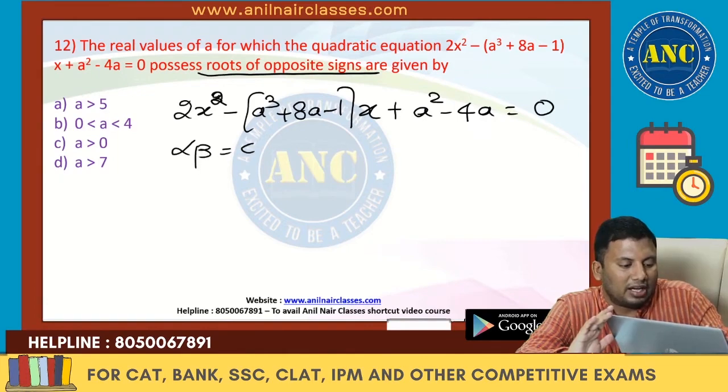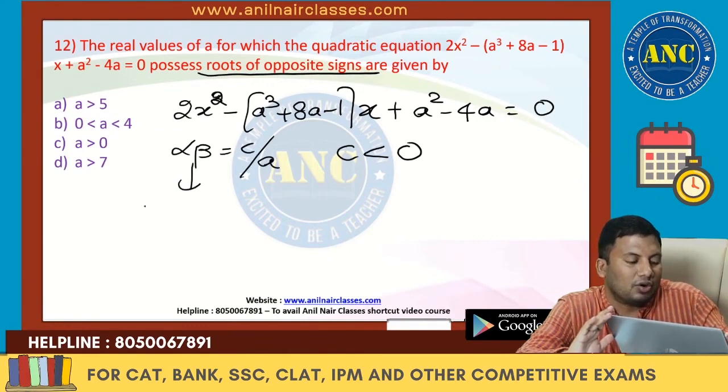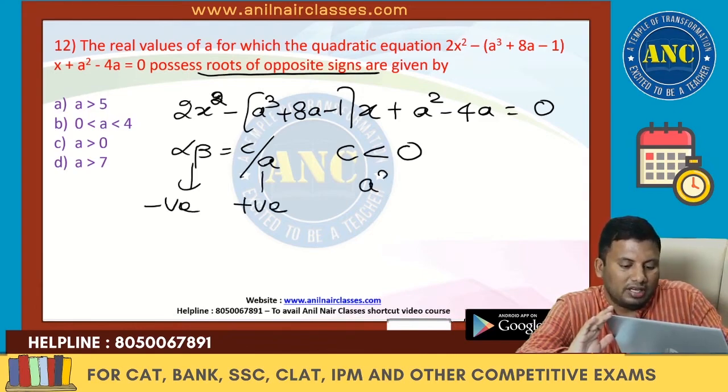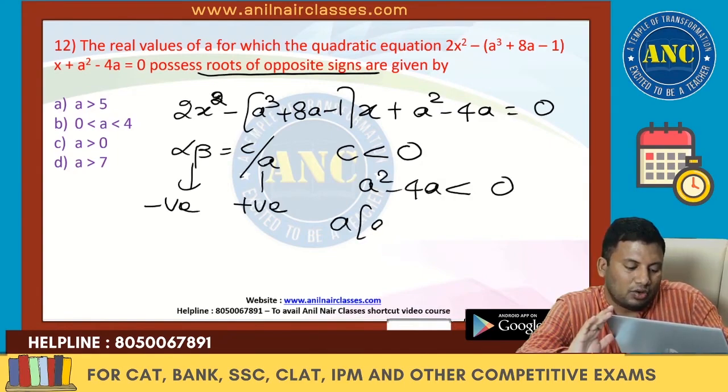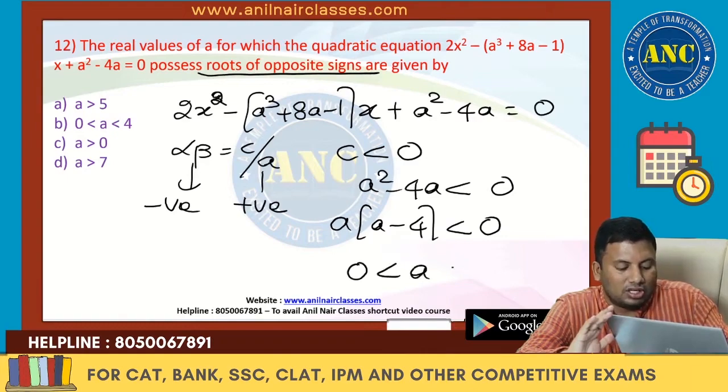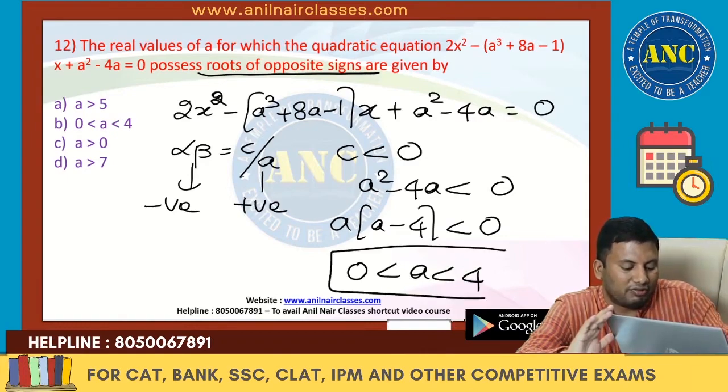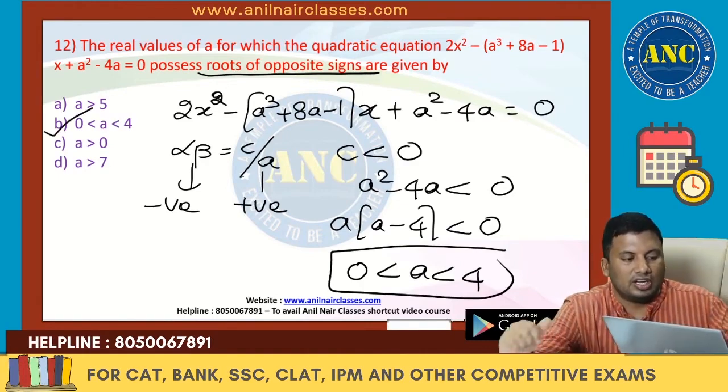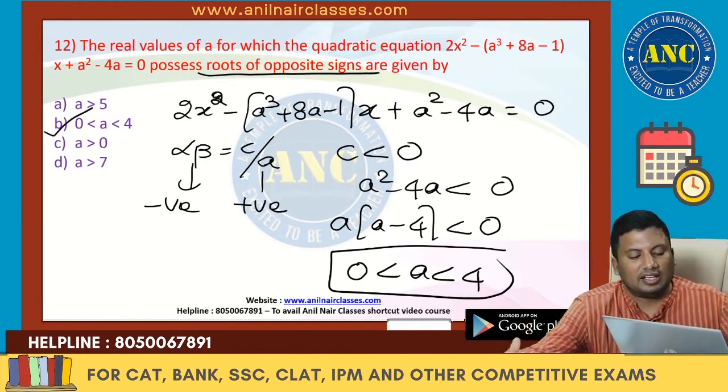Alpha beta is c by a. That means c should be less than 0 because it is negative, d is positive. That means a square minus 4a is less than 0. A into a minus 4 less than 0. 0 less than a less than 4. The answer for this question is 0 less than a less than 4.